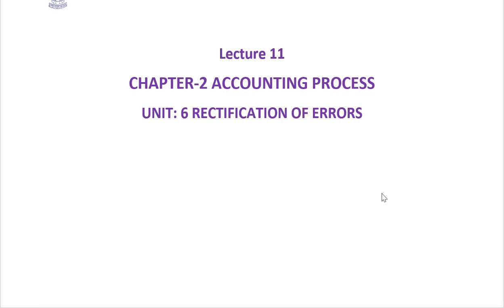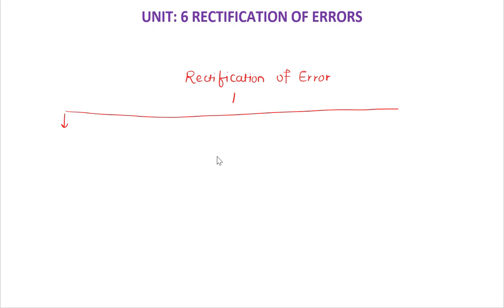We should understand that if I talk about rectification of errors, we can bifurcate this whole topic into three subtopics. Just take notes along with me. For rectification of errors, there could be three circumstances.